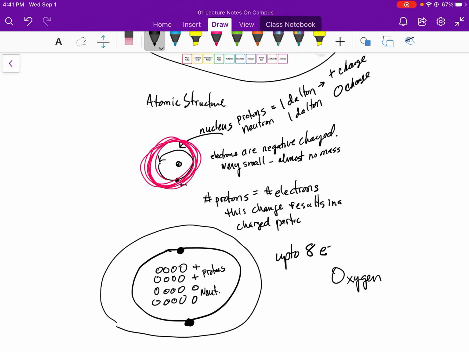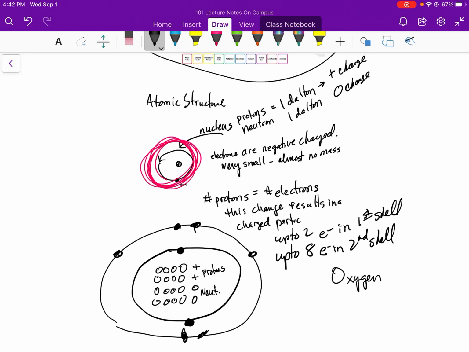And what that means is that I can draw them in here like this: 1, 2, 3, 4, 5, and 6. I like to draw them in pairs if I can, and there's only 6.